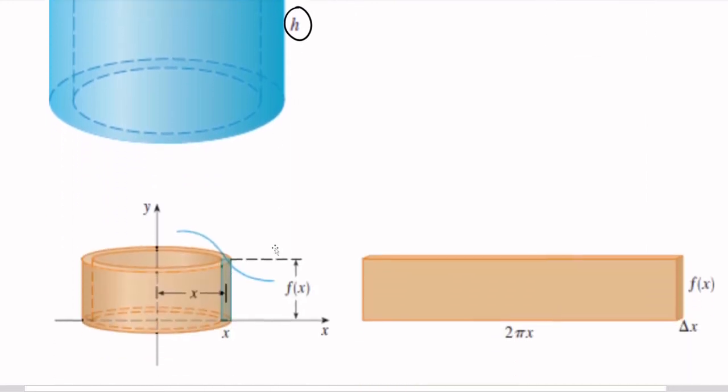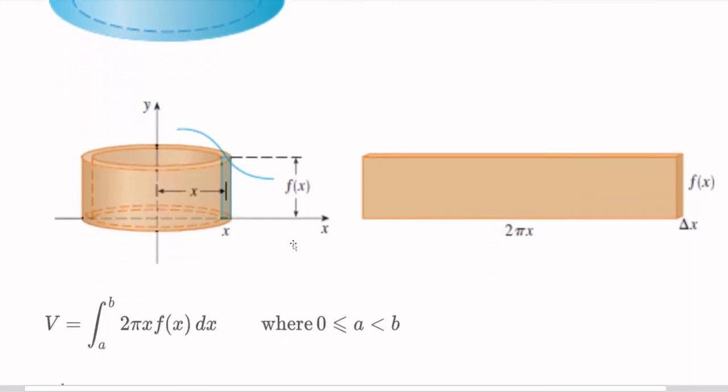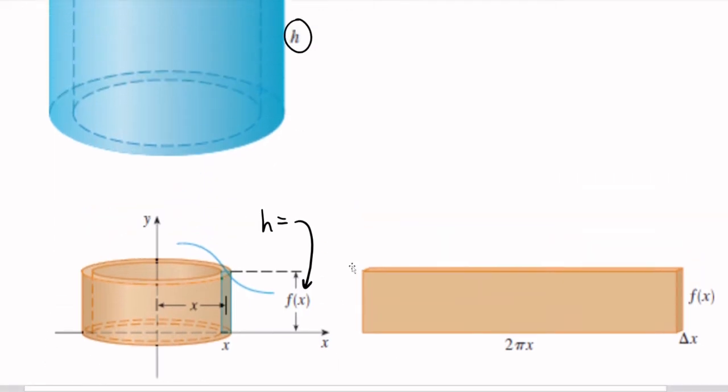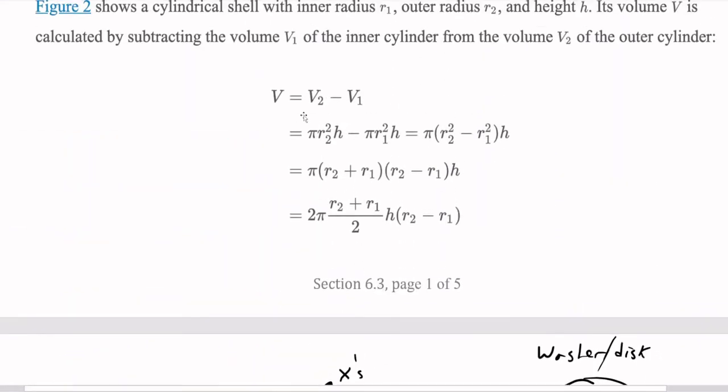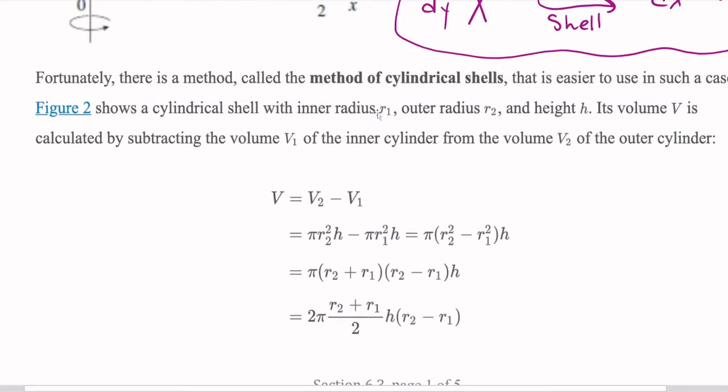So let's see how this would look. Okay, so this is what a shell will usually look like when it's sitting in a function. Okay, we will have to determine the height, which very often just directly deals with the function f of x. Okay, and then what else do we need for this formula? Well, if you go back up here, you can see that they go through what the volume of the cylindrical shell will be, and it's actually not too bad.